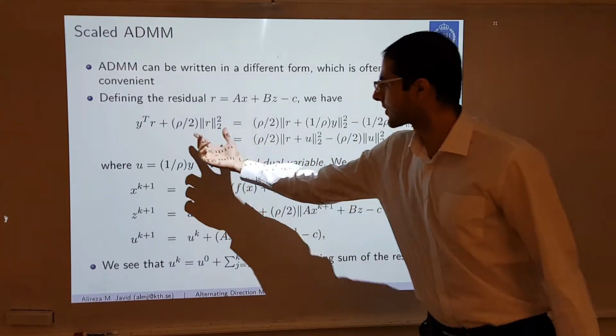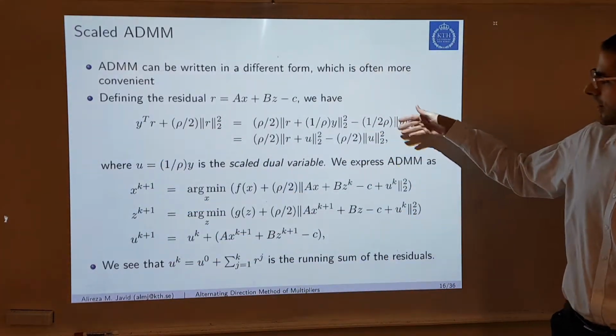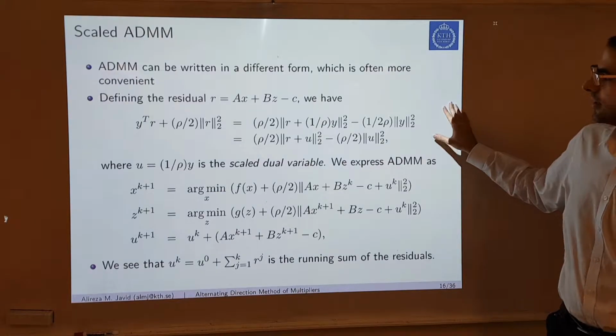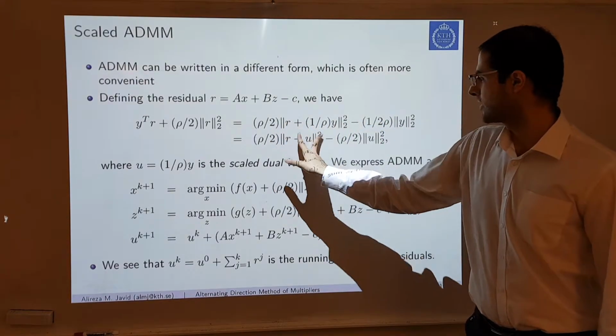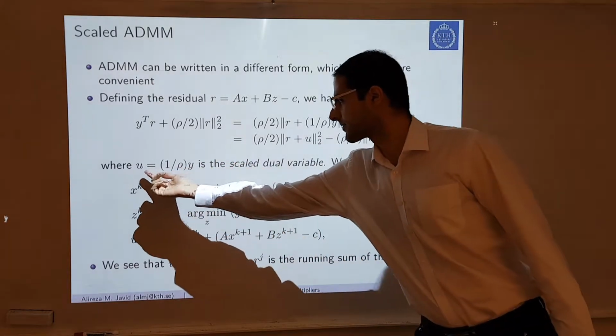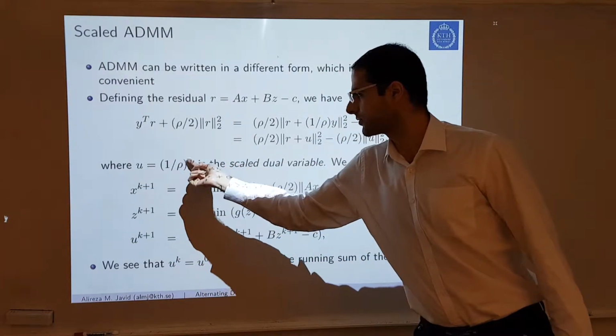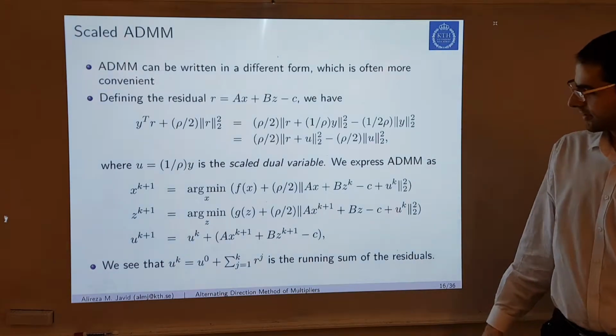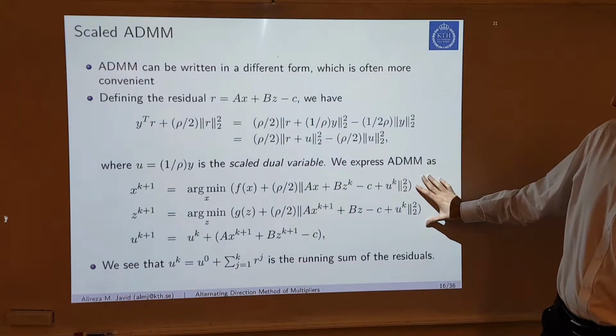This is exactly what we have. So we want to rewrite the Lagrangian. We can write it in this way by completing the square, and you define u as 1 over rho times the dual variable y. Then you can write the minimization problem in this fashion.